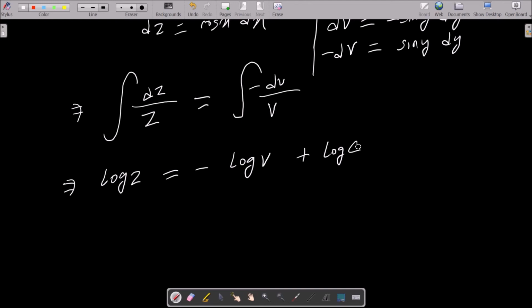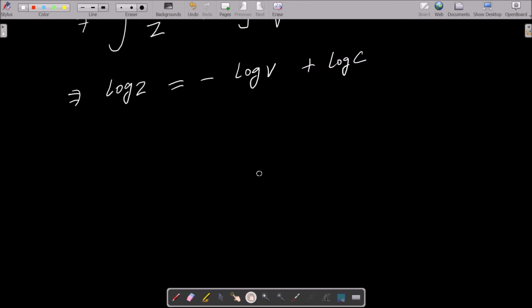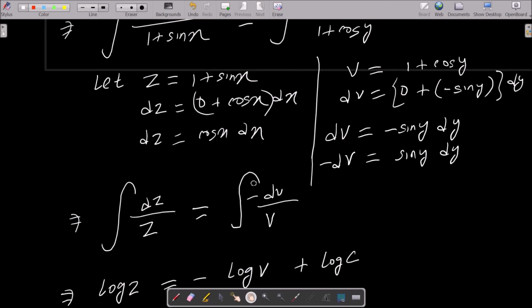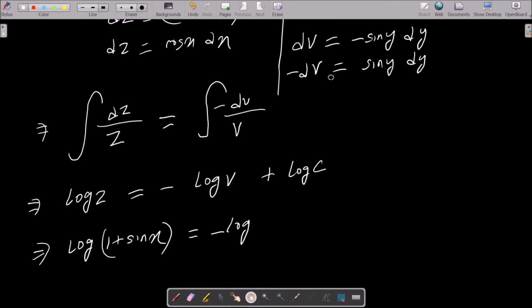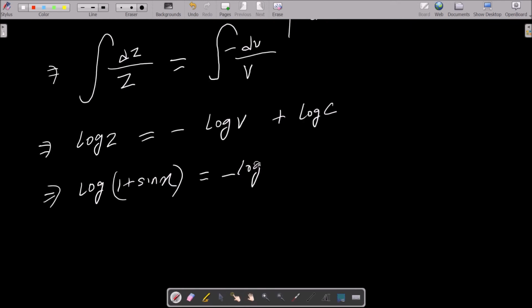Now z value is 1 plus sin x, so we put log of 1 plus sin x, and minus log v, where v is 1 plus cos y, equals log c.